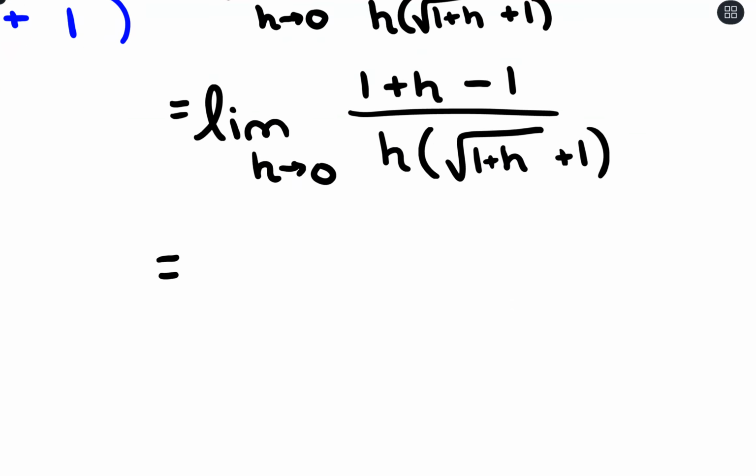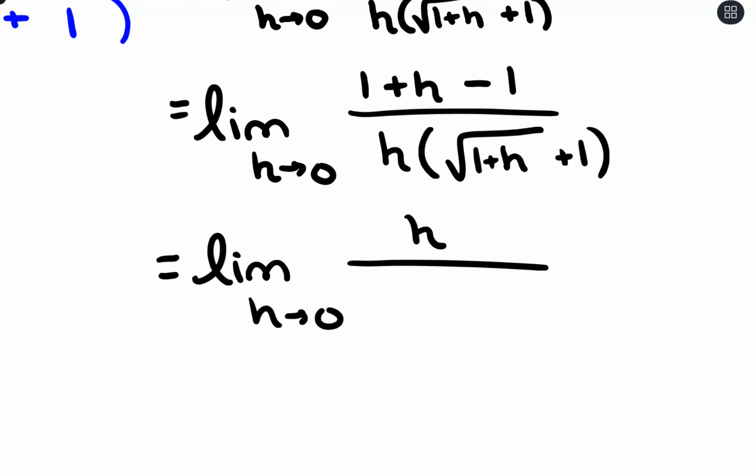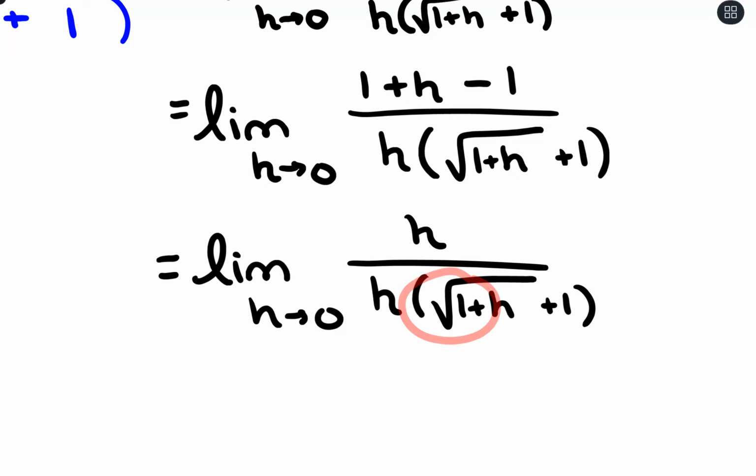So we're going to have the limit as h approaches 0 of just h over h times root 1 plus h plus 1. I'm continuing on because if I still try to plug in 0 at this stage, we're running into issues in the denominator. We're still getting a denominator of 0. But at this point, what we're going to get is a cancellation of h values.